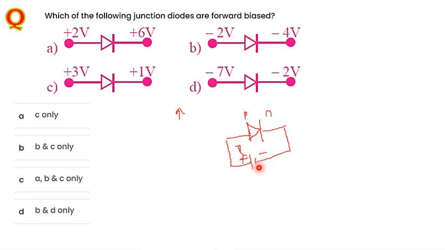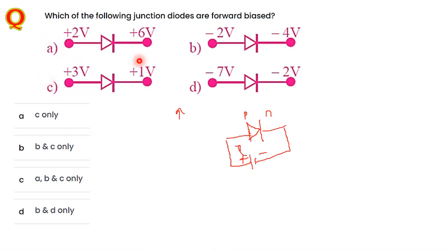Similarly, if the negative terminal of the battery is connected to P type and the positive terminal to N type, that is reverse bias. Another way: if P type is given maximum potential compared to N type, that constitutes forward bias. If maximum potential is given to N type, that is reverse bias.